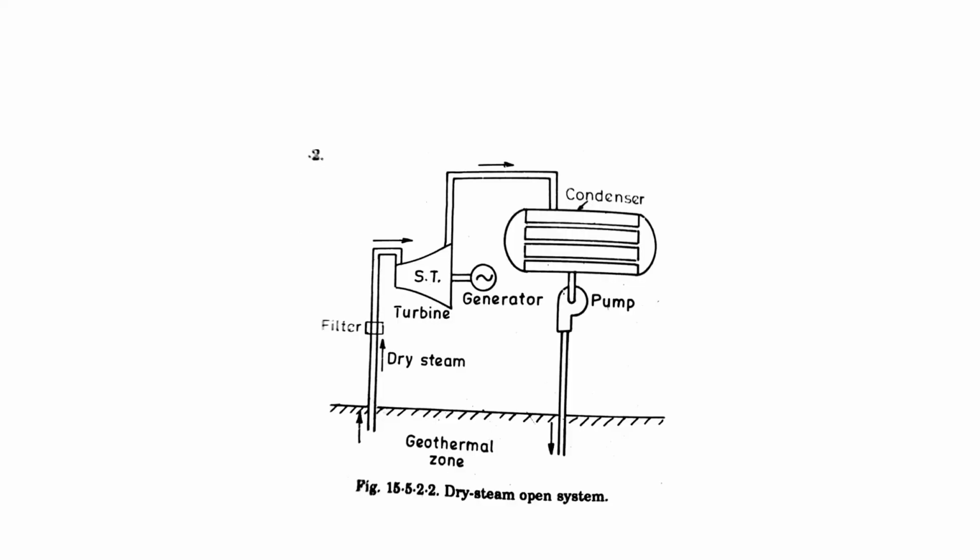Now, if you look at this, under the earth we are inserting the pipe. Under the earth we have the heat. That heat will be utilized to heat the steam, and the steam will be utilized to drive the generator. After that, again it will be going to the ground.